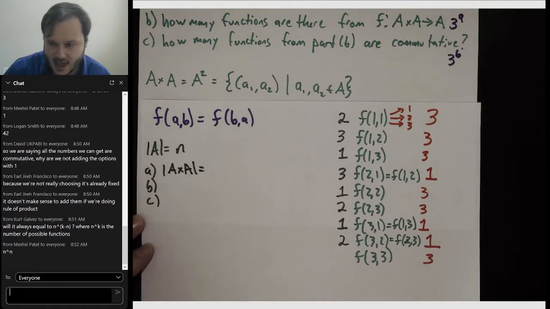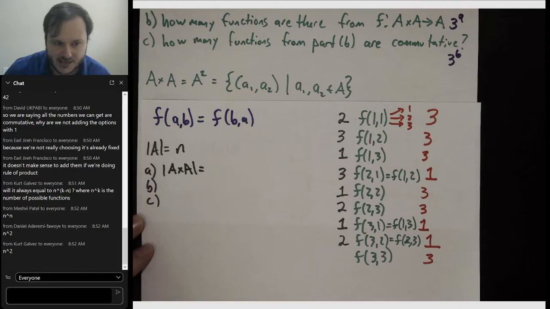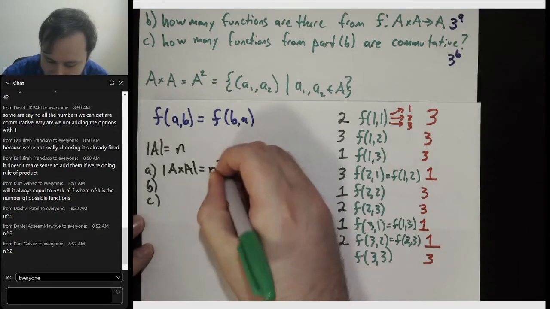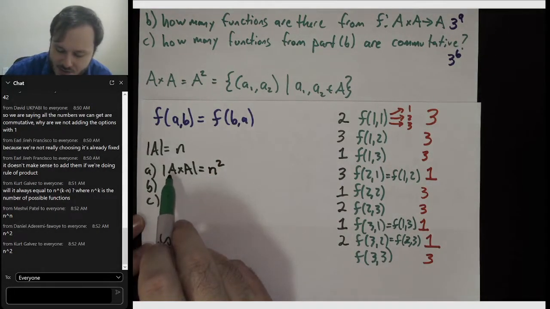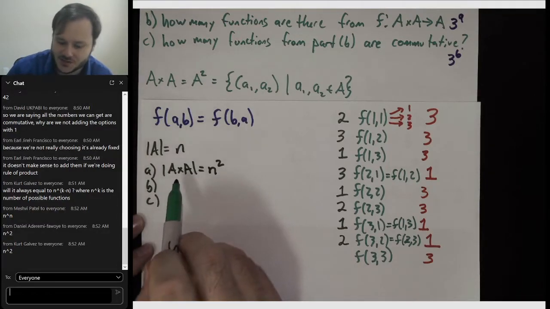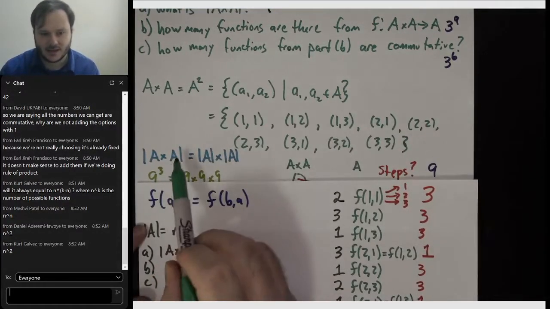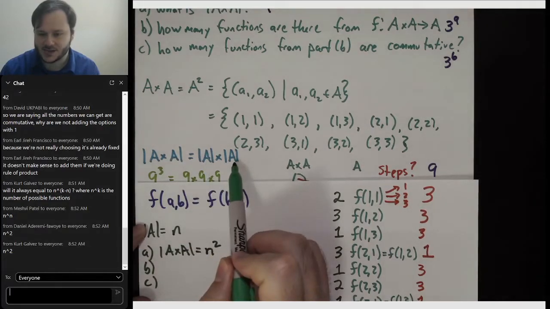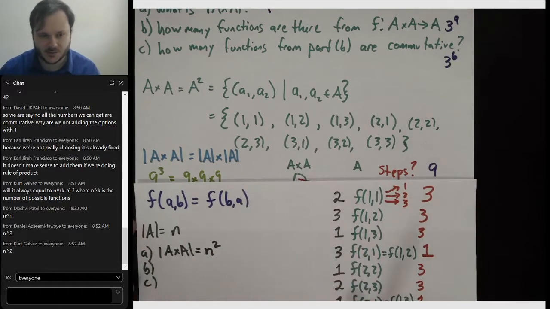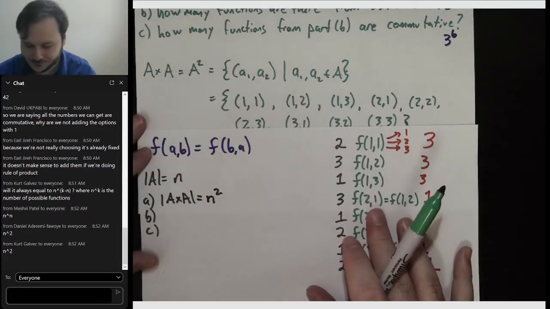Not n to the n, just n squared, right? Because I have n options for the first one times n options for the second one. I've got this A cross A is size of A times size of A going on. So I'm going to get n squared options there.